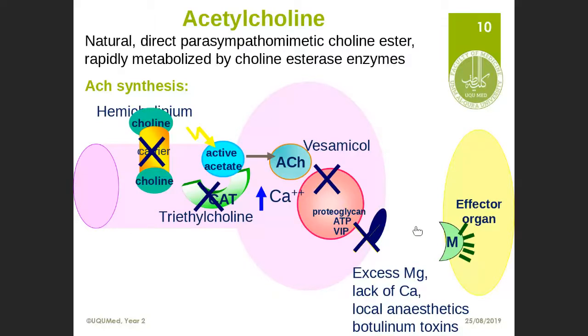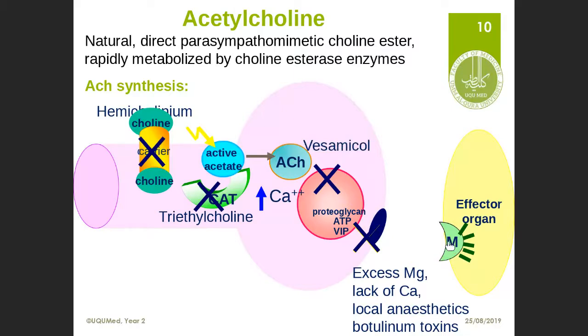But if patients have excessive magnesium, meaning they are suffering from hypermagnesemia, or lack of calcium, meaning hypocalcemia, or have used some type of local anesthetics, or are suffering from botulinum toxin, meaning some type of bacterial food poisoning, then ultimately this acetylcholine cannot come into the synaptic cleft, and ultimately it cannot bind to the muscarinic or nicotinic receptors, and it will not produce its pharmacological or biological effect.